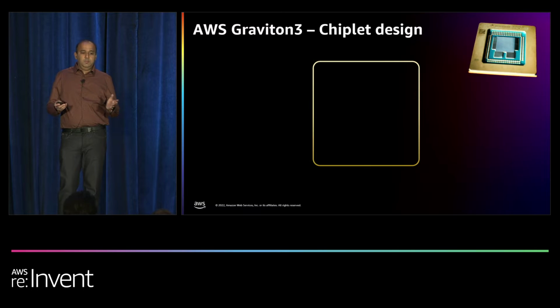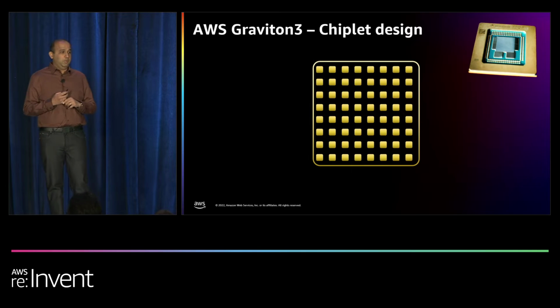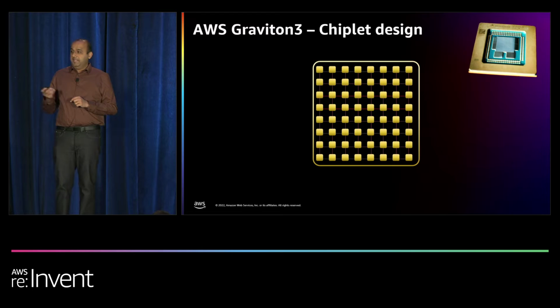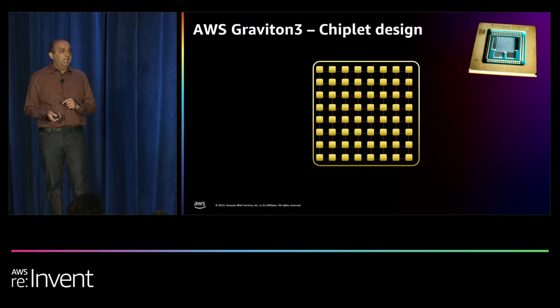And that feedback really resonated with us and has led us to keeping all the cores together on Graviton 3 as well. And all of these cores are connected through a mesh architecture, and the mesh supports up to 2 terabytes per second of bisection bandwidth.